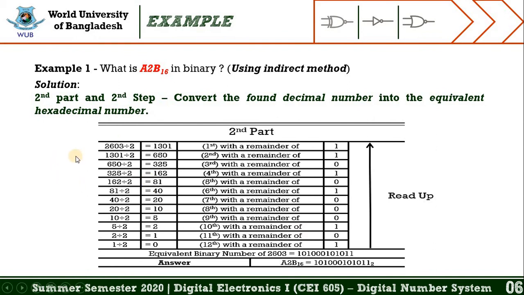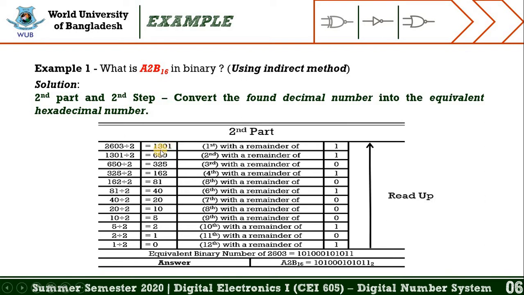This slide represents the second part of the previous problem, example 1. So let's start with the second part and second step. We need to convert the found decimal number into the equivalent binary number. For this conversion, we need to divide the found decimal number by 2. So let's start with the solution.